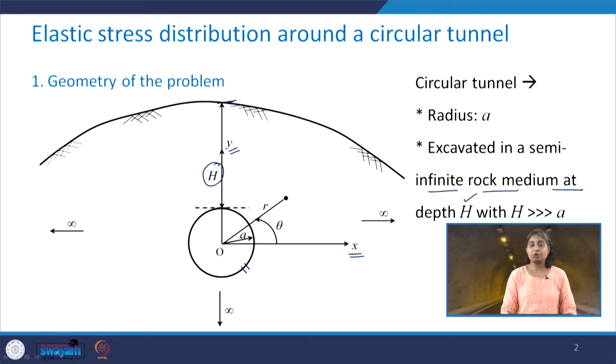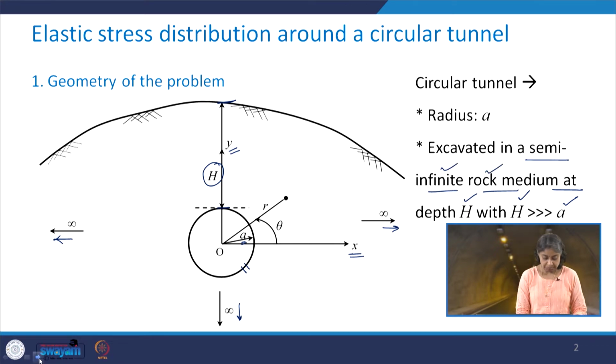This is also called overburden, and you need to keep in mind that an assumption is involved here that this depth h is much larger than the radius of the circular tunnel, which is represented by small a. In this direction it is infinity, this direction infinity, this direction infinity. That is why we are saying that the tunnel is excavated in a semi infinite rock medium.